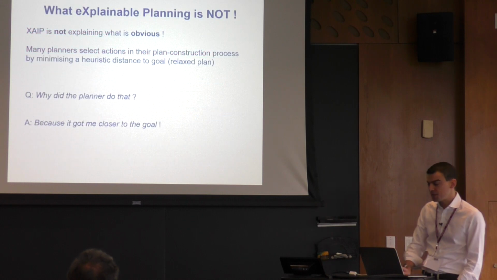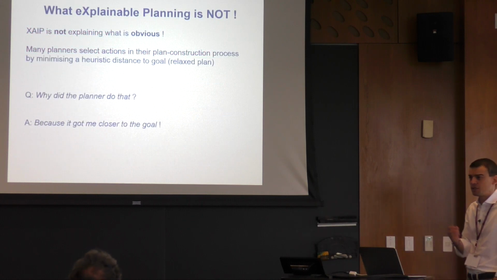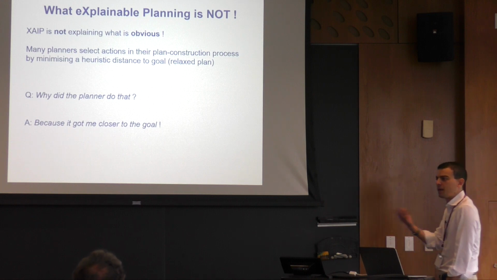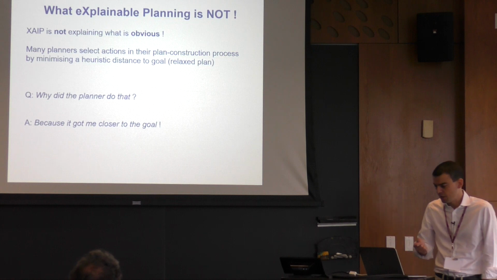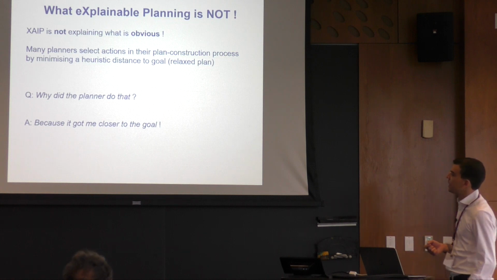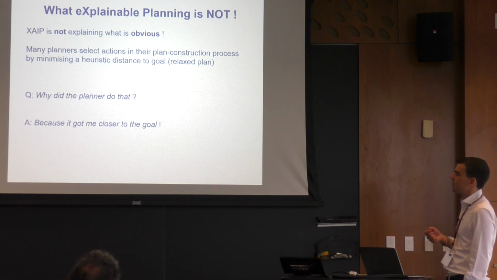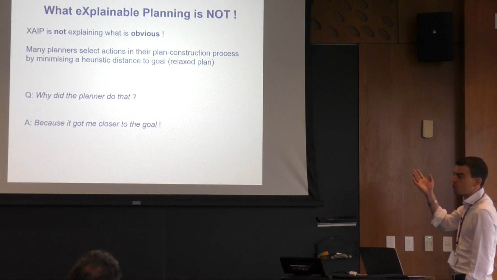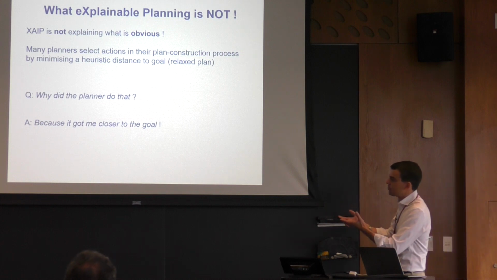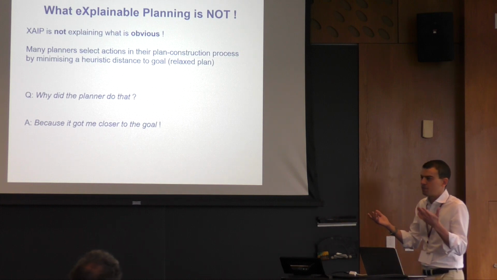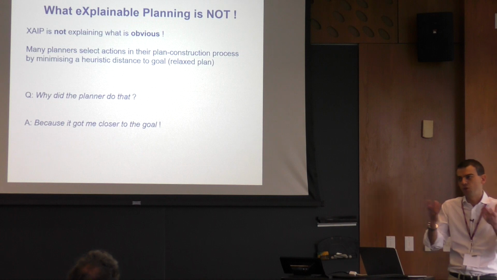Now, what is an explanation for planning? What does it mean for a planner to explain plans to a human, also in terms of human-robot interaction? First of all, explainable planning is not explaining what is obvious. Of course, in planning we have planners working with heuristics. But to the question, why did the planner do that, you cannot just answer because the heuristic value of this action was lower than the other one.